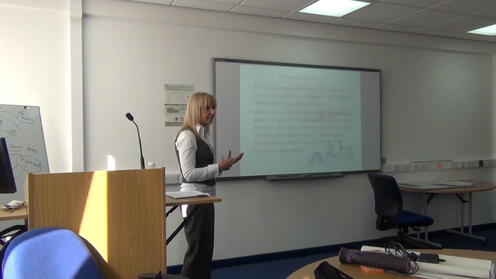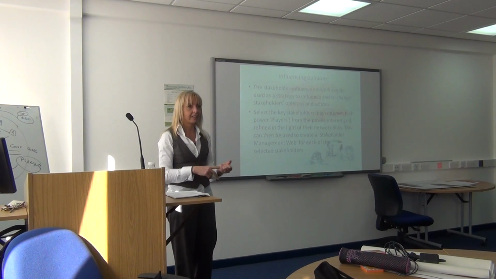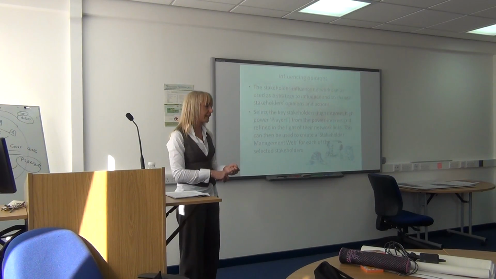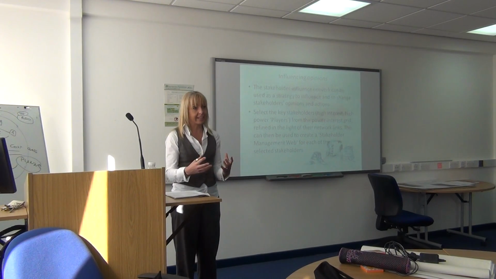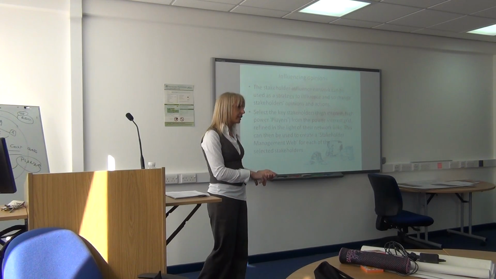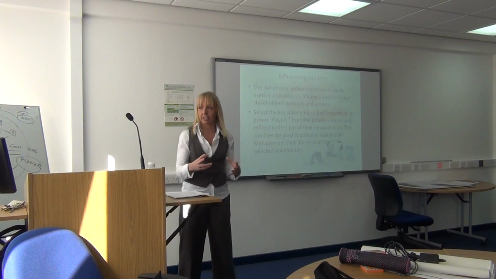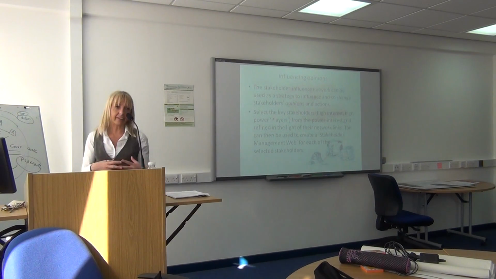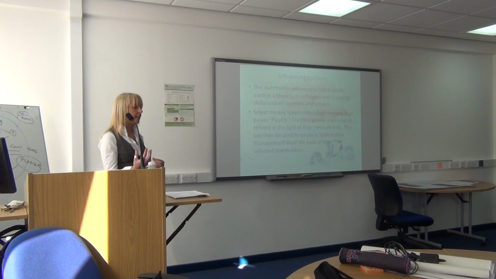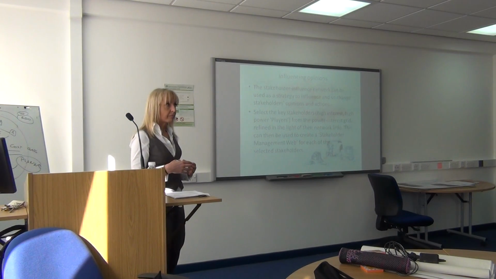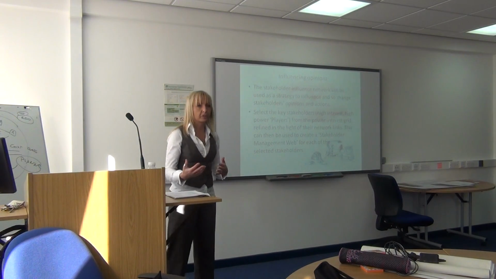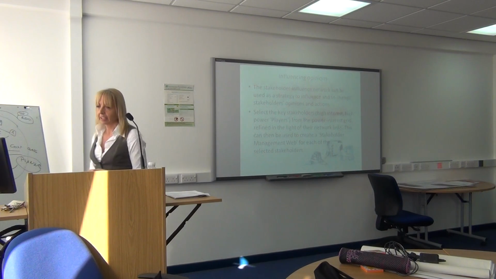These things already existed. Stakeholder analysis, network analysis already exists in isolation. The power interest grid always happens in isolation. By bringing these two together and then developing that further, it created a more in-depth approach to stakeholder analysis.